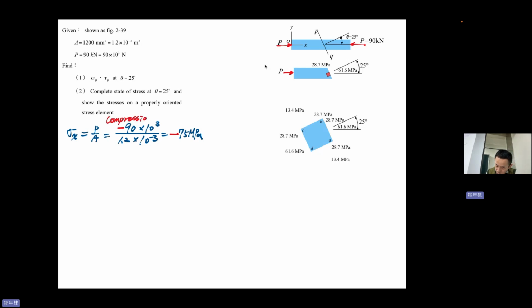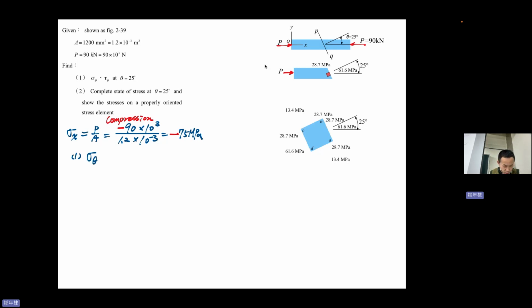compression. Okay, careful, because the equation we obtained from the previous few pages, we assumed positive P, right? This was tensile P, but now this is compression P. Be careful about this minus. So let's take a look.